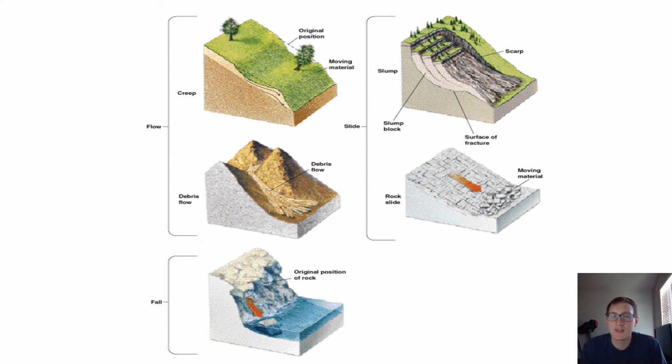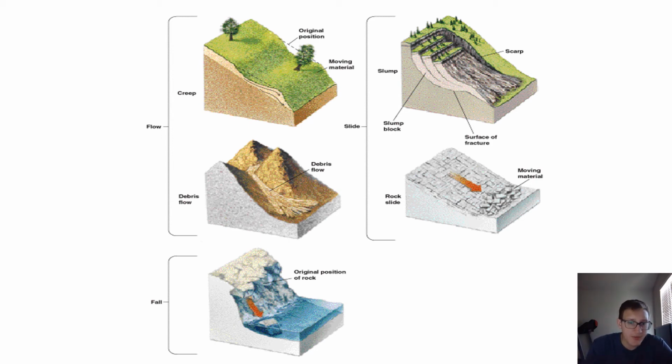Okay, here are some examples. So we have creeps up here at the top. Those are very slow moving flows. Okay, you'll notice that those are flows. And what you recognize is that a tree that was once standing perfectly upright is now at a slanted angle. That happens over years and years and years of mass movement.